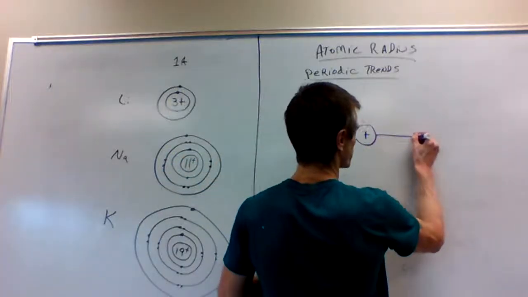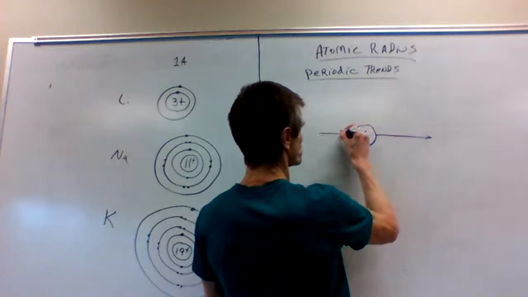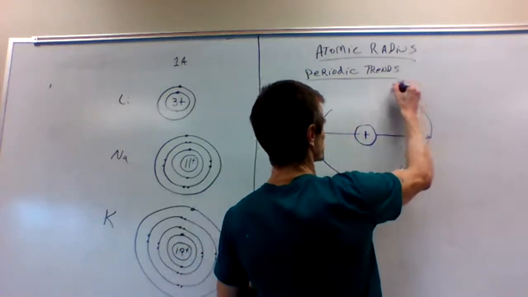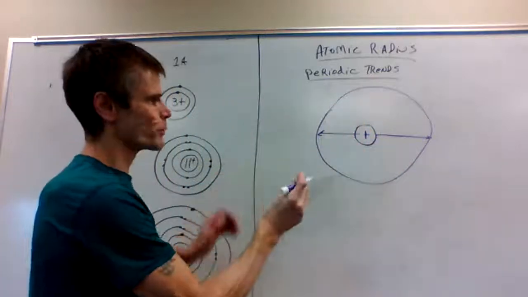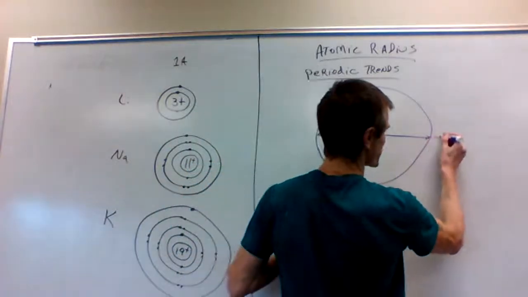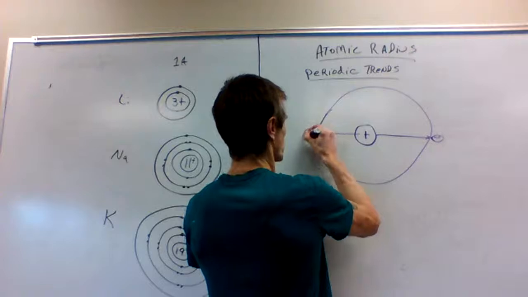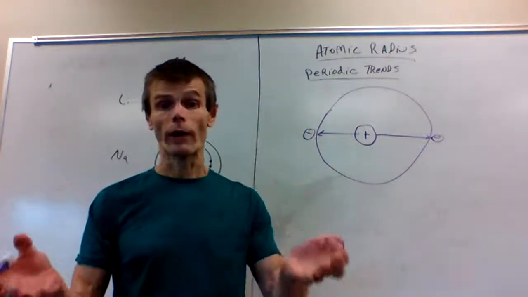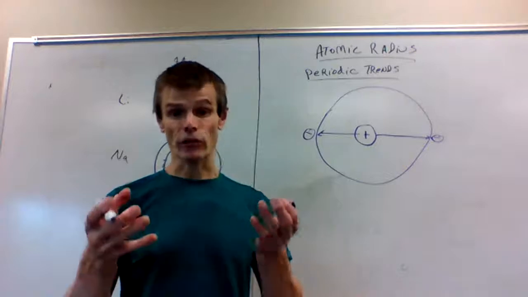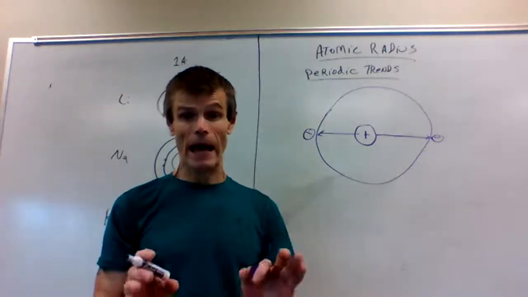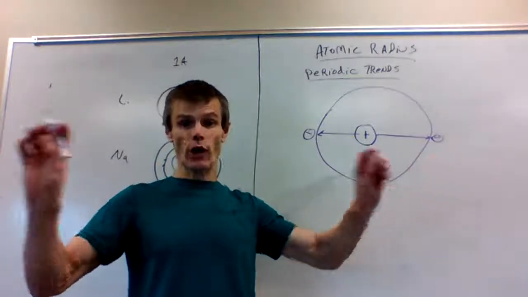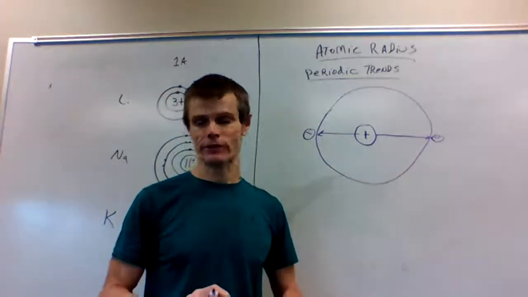How far do electrons move from the nucleus? And we can think of it spherically. And we get a spreading of electron density away from the nucleus. And that's how we measure, or we can interpret, the atomic radius for an atom. It's based upon how far away electrons move away from the nucleus.